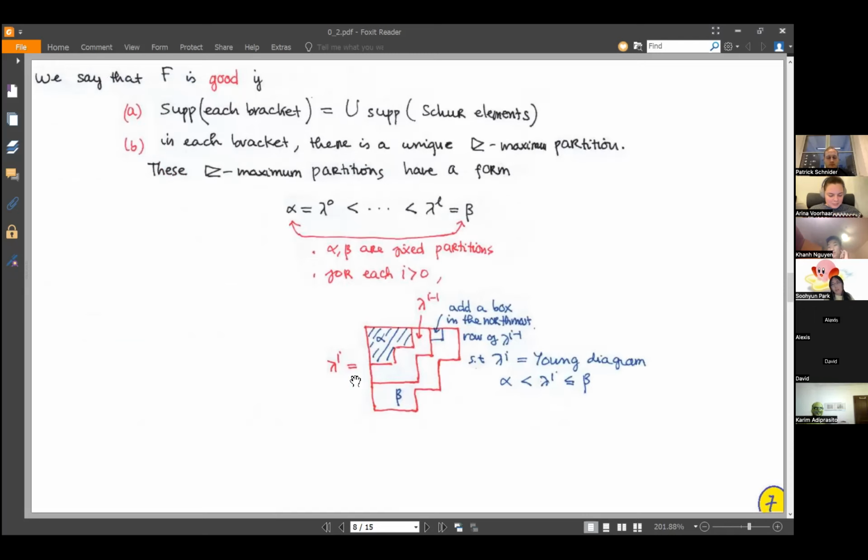But our theorem does give this: we have a symmetric polynomial and we decompose it into the sum of short functions. Now we form short elements of the same size into brackets like this. And then we can find the maximum partition in each bracket in the dominance order.